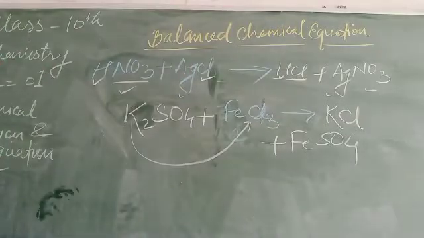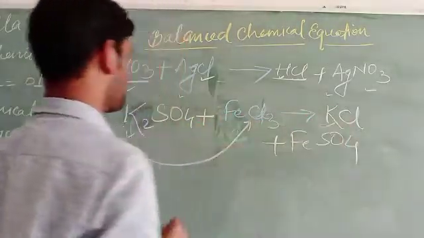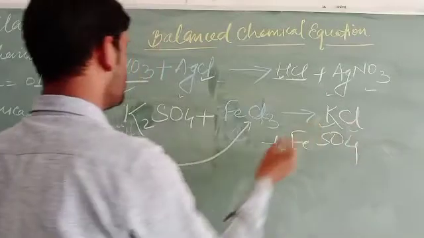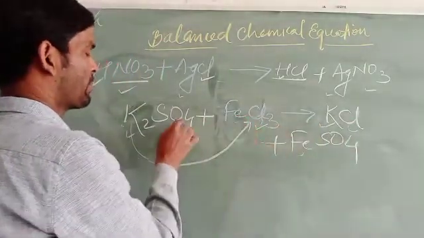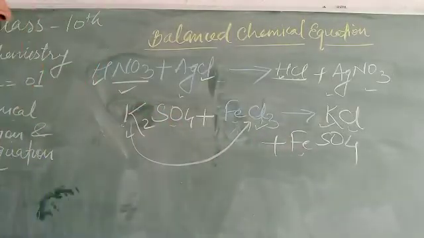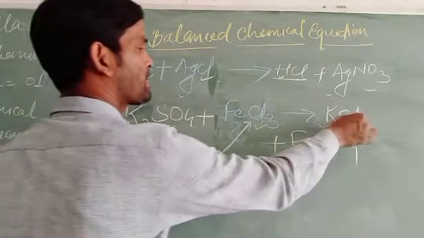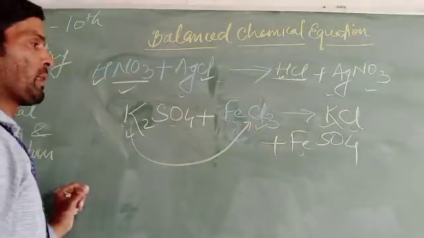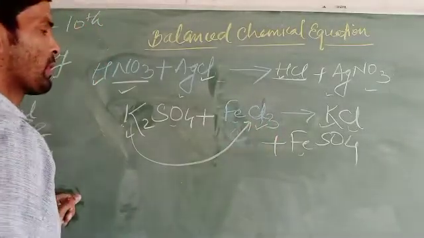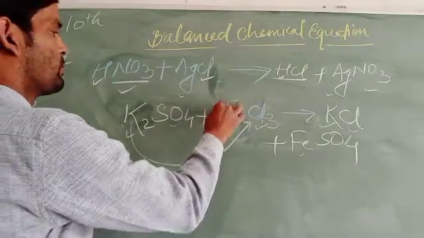But here are two molecules of potassium, and here is a single molecule of potassium. Here is one molecule of chlorine, here are three molecules of chlorine. Here is Fe 1 molecule, sulfate 1 molecule, that is okay. But in case of potassium, here are two molecules of potassium. Cl is three molecules, so here it will be the Cl. And now we will have to write two molecules of Fe.